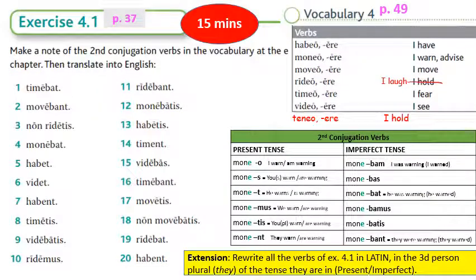So you have 15 minutes to do this. If you finish, you can do the extension, which is rewrite all the verbs of exercise 4.1 in Latin in the third person plural, they, of the tense that they are in.